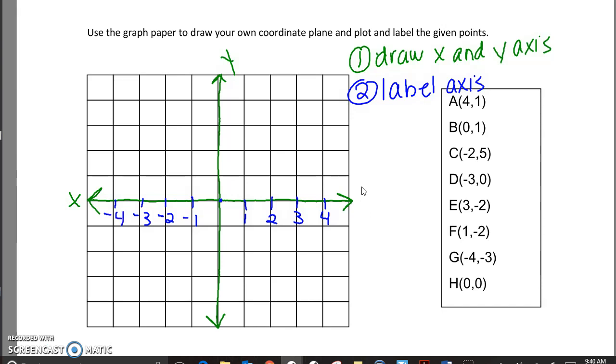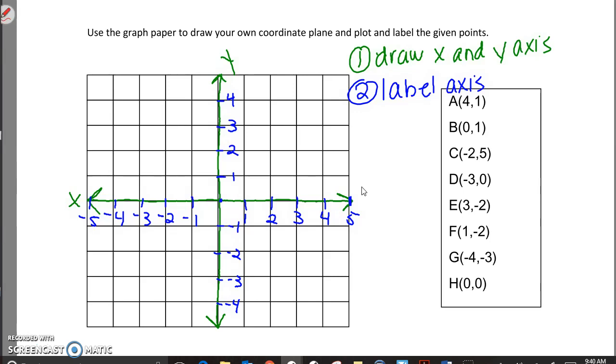And then going up and down, so we've got 1, 2, 3, 4, -1, -2, -3, -4. We can even label these on the side 5 if we wanted to, but we don't have to. Great, so now you're going to plot these given points, A through H, on your own coordinate plane.